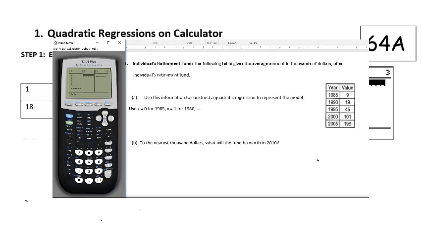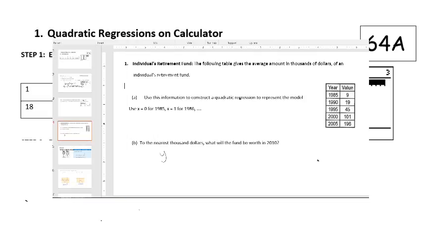we can calculate the value for 2010. Calculating the value for 2010 will require that you write your quadratic equation y is equal to, and as far as the year, we will start with 2010.